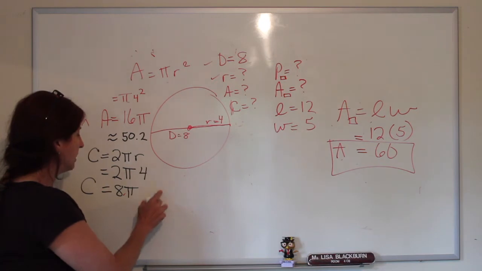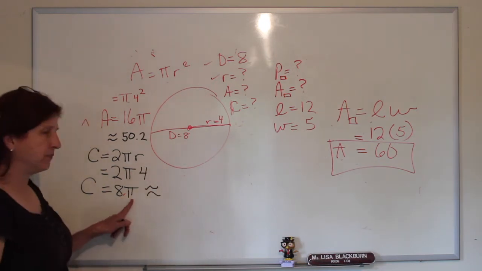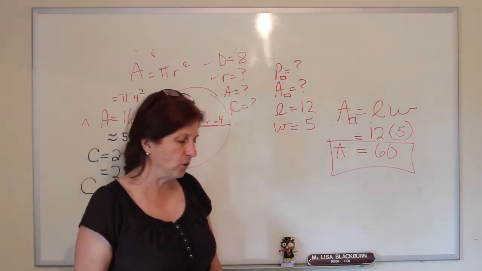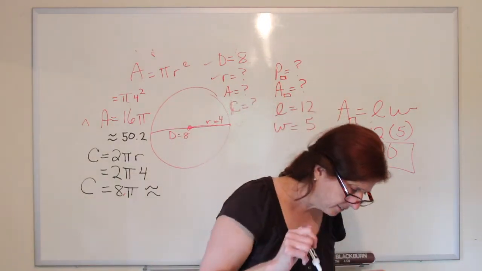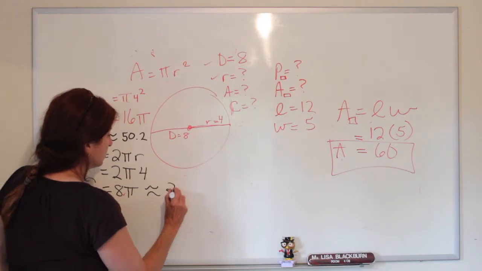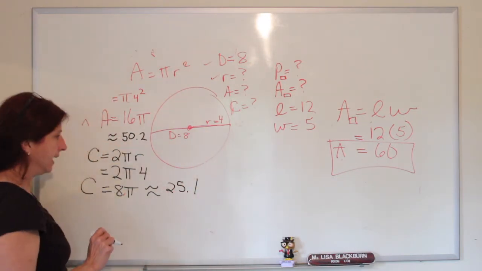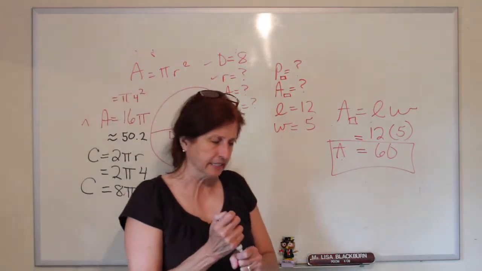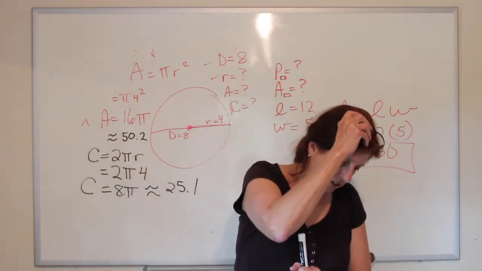And what it approximately equals, you fill in 3.14, and it's going to be somewhere around 25. What does it say? 25.1. Woo, that was good math in my head. Equals 25.1.